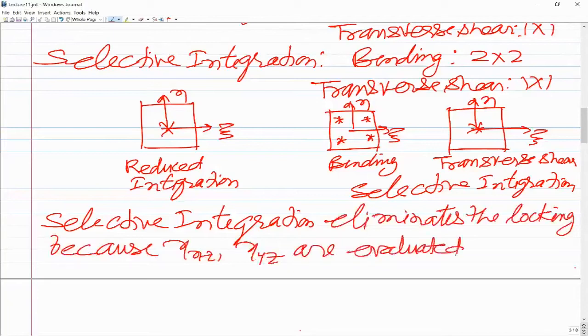To evaluate the stiffness matrix, ultimately you are evaluating the transverse shear strain only at the center, at xi equal to 0, eta equal to 0.